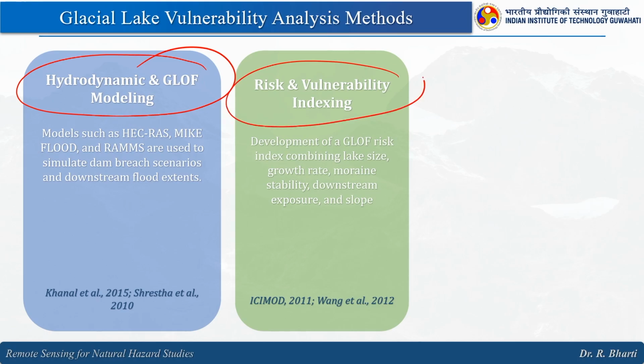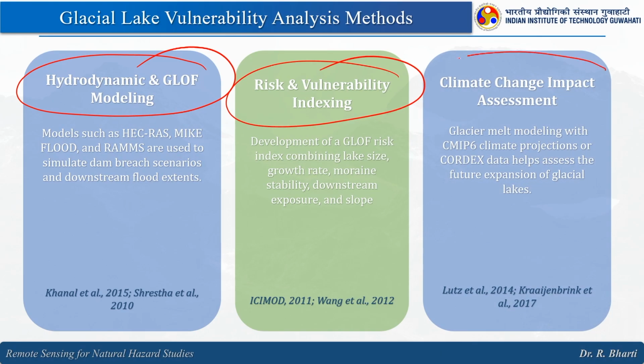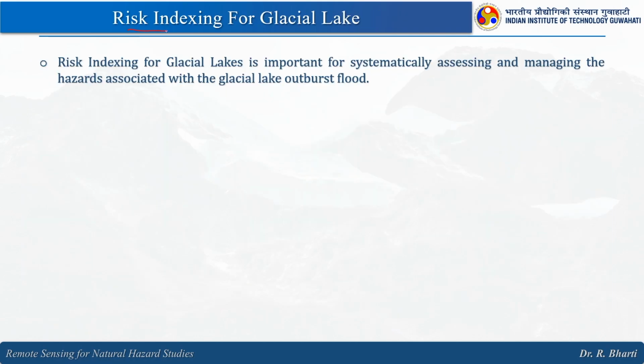Then comes risk and vulnerability indexing, and then climate change impact assessment: how and why we are having this kind of natural lake disaster. So, let us try to understand risk indexing for glacial lakes.